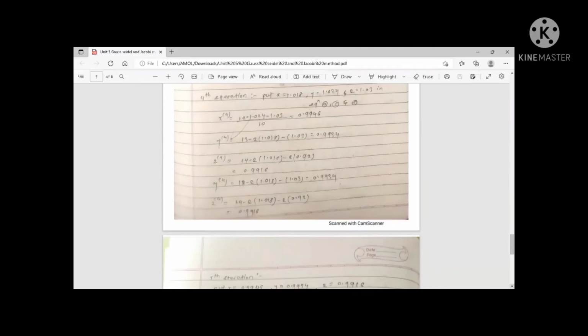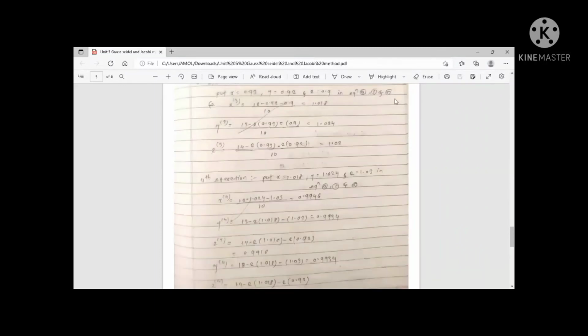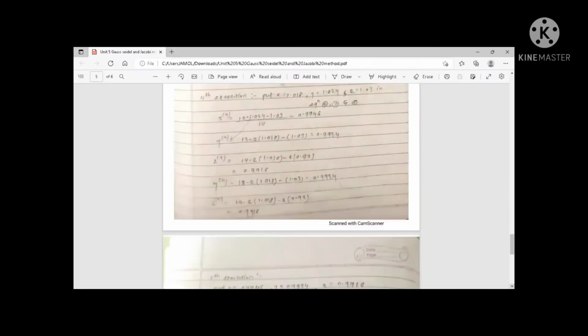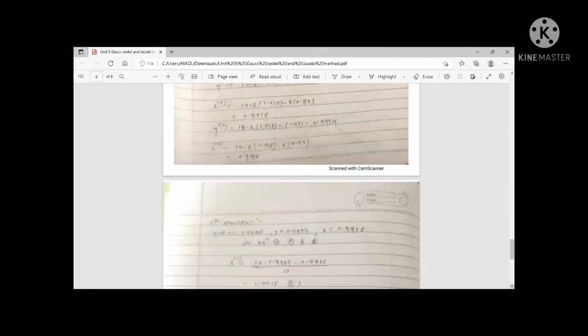Again, the variation is there in the third and fourth iteration values of x, y, z. So you go for the fifth iteration. Means you use the previous iteration values as the initial values.